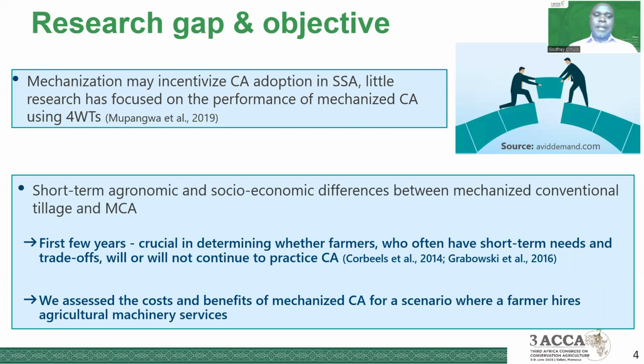Now, the short-term aspect is very key, since the first few years is crucial in determining whether farmers who often have short-term needs and trade-offs will or will not continue to practice conservation agriculture. And we also assess the cost and the benefit of mechanized conservation agriculture from the scenario whereby farmers can hire agricultural services without having to own tractors themselves.